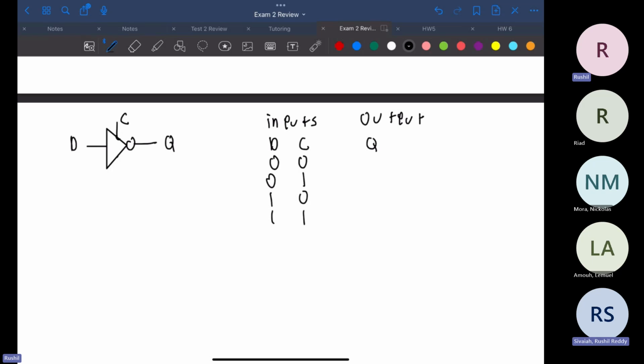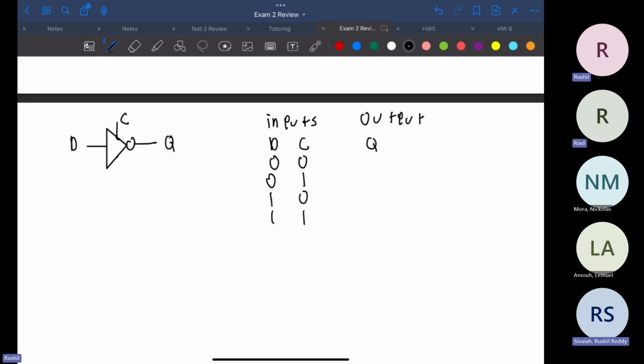If we have a 0 0 going in, what is our output? It's going to be whatever D is. Or no, it goes to a high impedance because C is at 0. So it goes to Z, yeah.